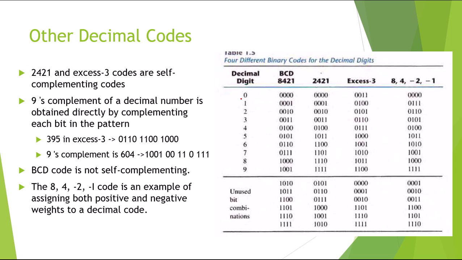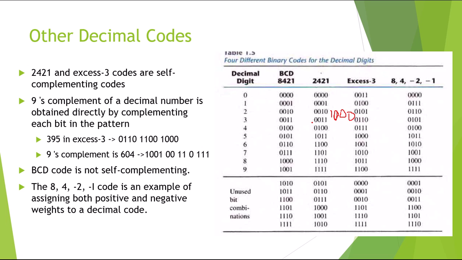So for example, if I want to write a 0, I don't have to give any weightage to any bit, so I write 0 to all. 1 can be written as 0001. Now 2 can be written as 0010, also 1000, because we have 2 bits that have a weightage of 2.